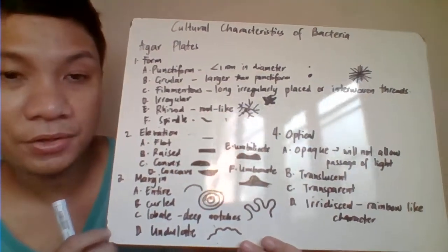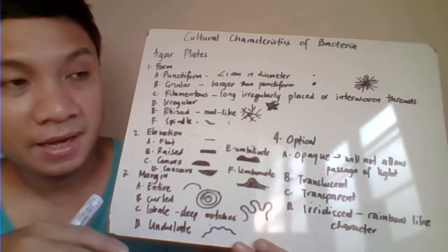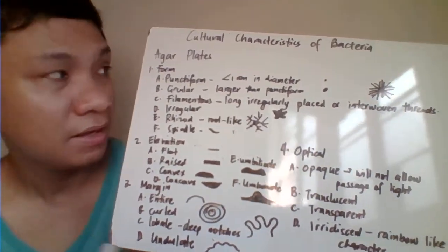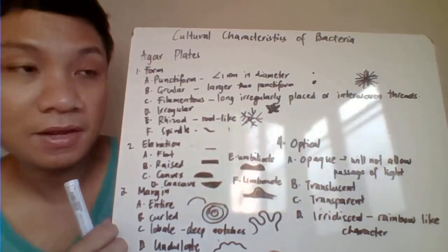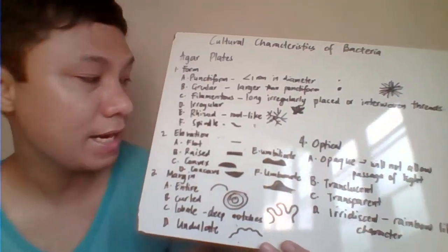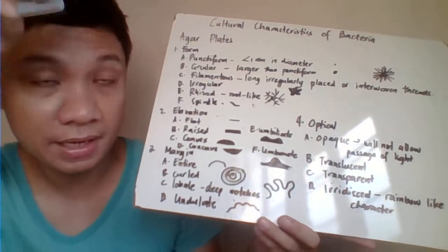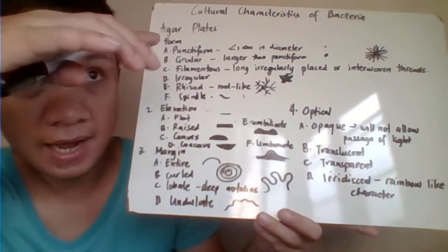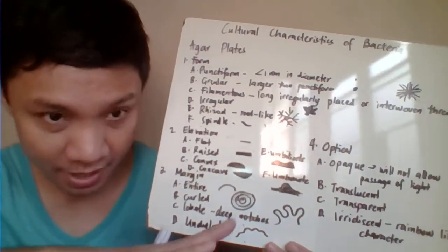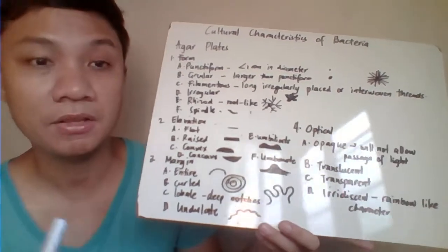Another one, you also try to take note of the elevation of your colony. When we observe the form, we look down at it. For elevation, it should be at eye level so you can see the elevation of the colony. Again, for form, we look down; for elevation, your agar medium should be at your eye level.